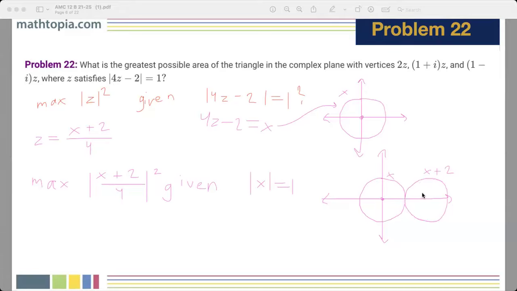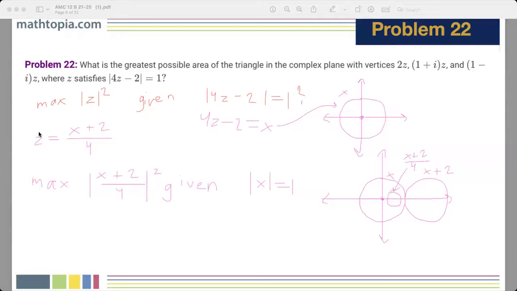And then we're going to scale it down by a factor of 4, which is going to be a little bit difficult to draw, but it's going to look just like that. So this circle here represents all the possible values x plus 2 over 4 could be. And we're trying to maximize the distance that x plus 2 over 4 is from the origin.